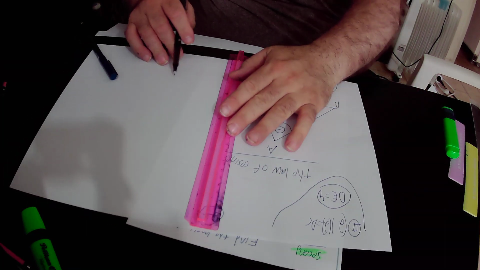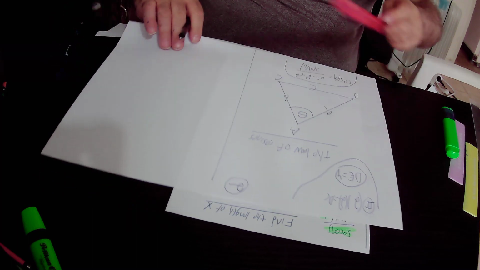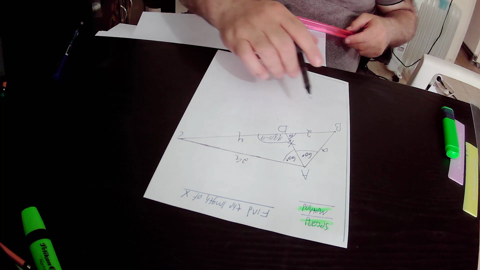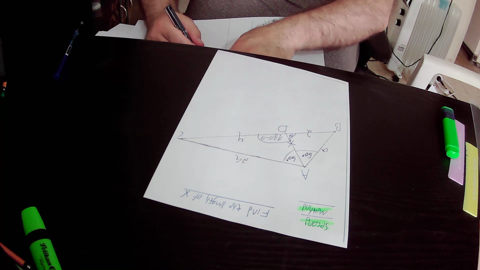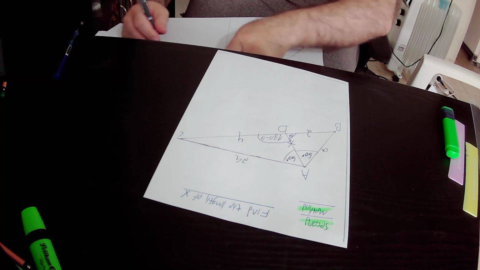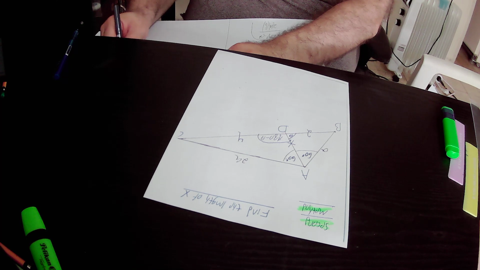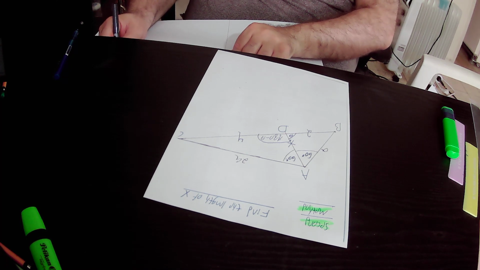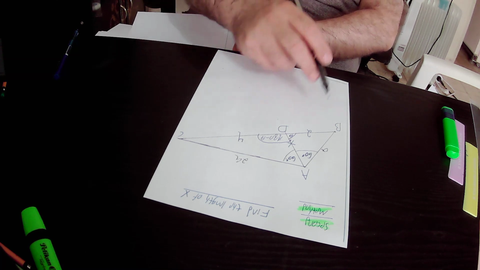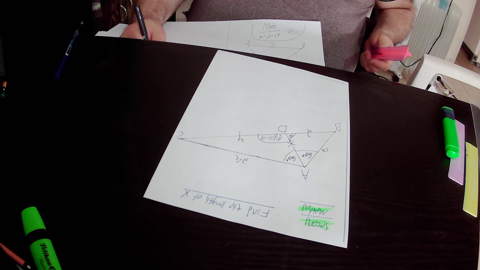So actually, we'll implement the law of cosines in triangle ABC. I copy triangle ABC in the new page. Angle BAC equals 60 degrees plus 60 degrees, that is 120 degrees.